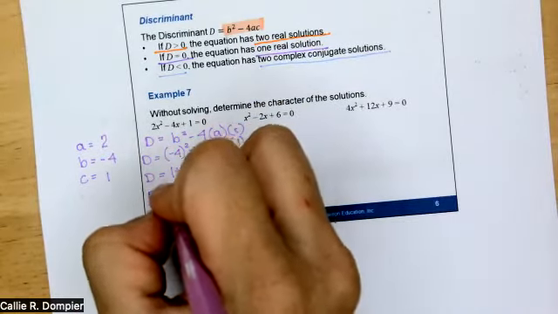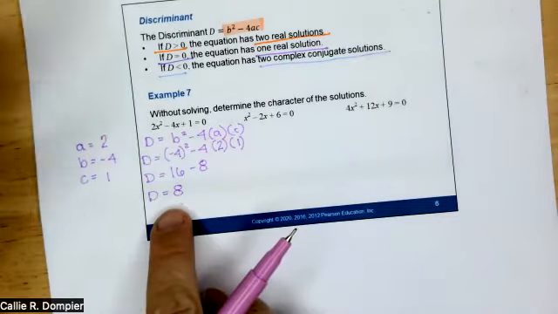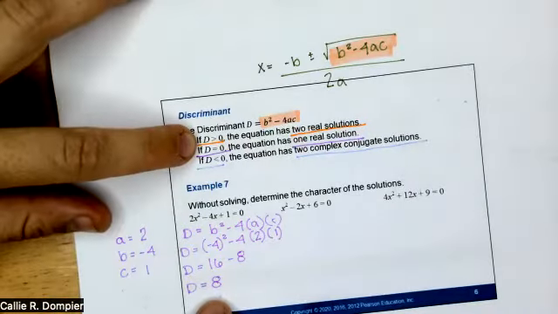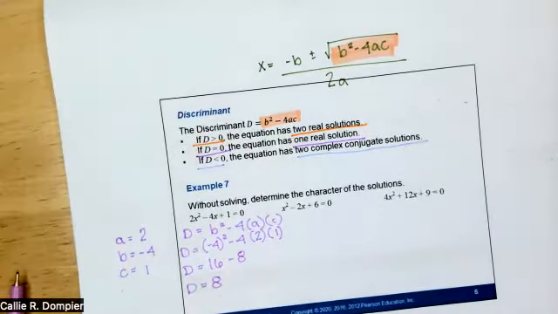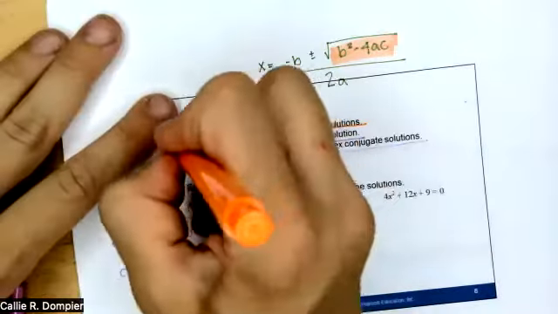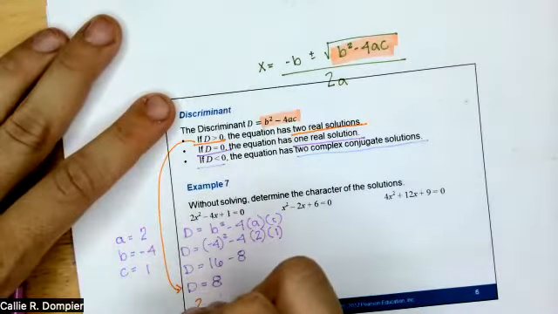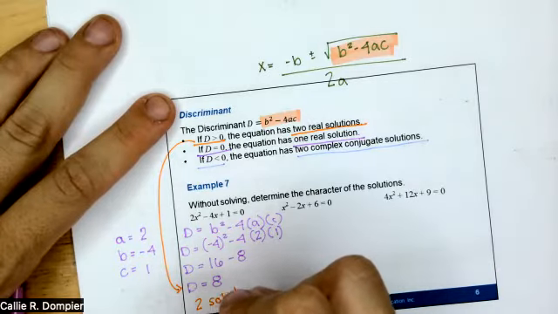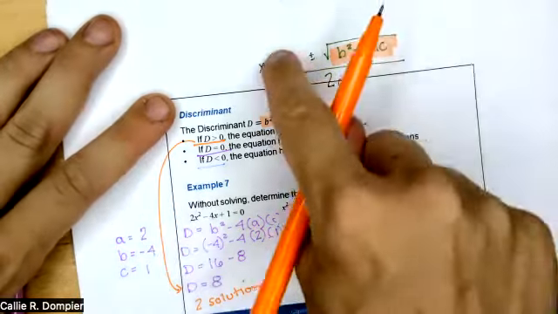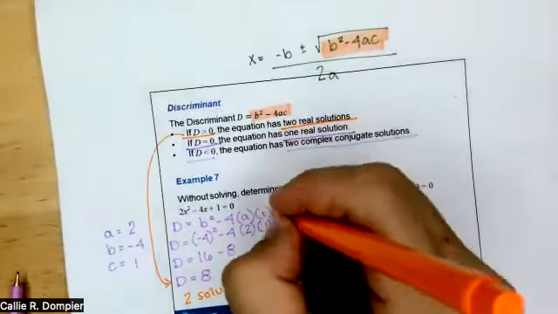So my discriminant is 8. That doesn't mean that that's my answer, but it's greater than 0. So we have two solutions. We don't know what they are because we didn't do the rest of it, but we know how many solutions we should have.